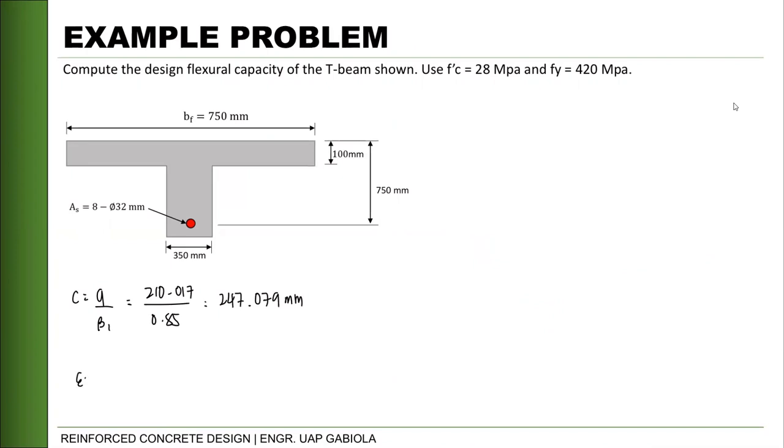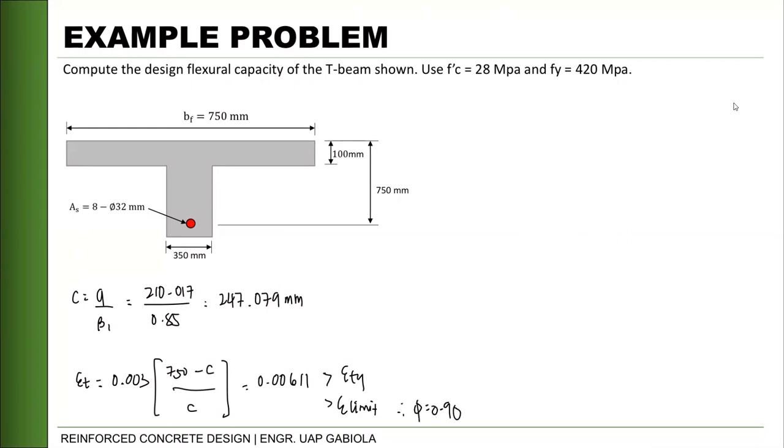And calculating our strain, that is 0.003 times 750 minus the value of C, over C. We have 0.003 times 750 minus the answer, over the answer. So we have 0.00611, which is also greater than our epsilon TY, and the A-limit. Therefore, our phi is 0.9. Okay? So, we are still tension controlled.